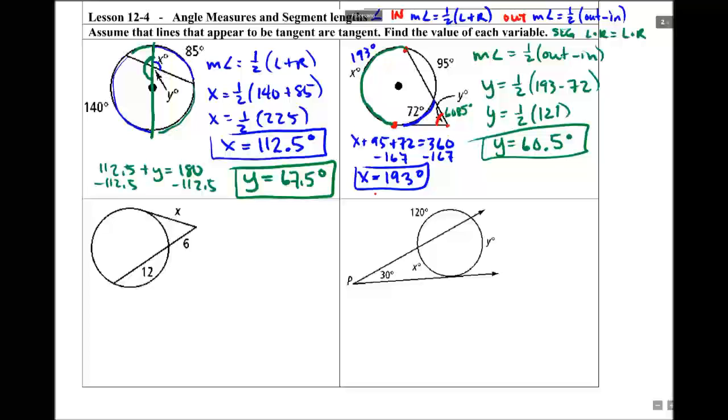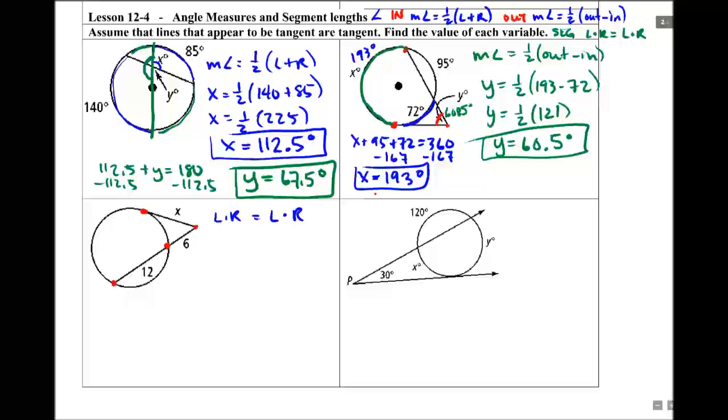All right, next problem. We have an intersection point on the outside, only this time we are looking for a segment length. So we know that we want left times right equals left times right. So we need to find where our lines intersect our circle.